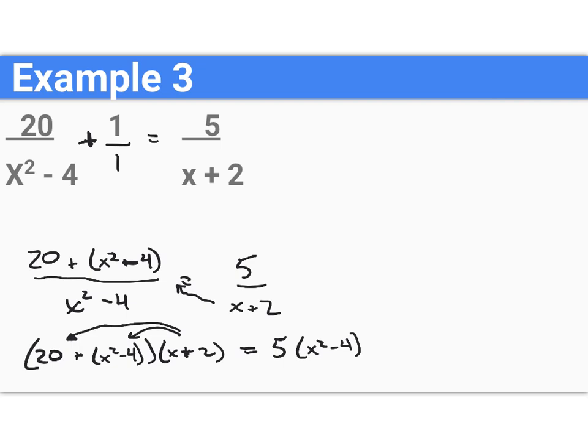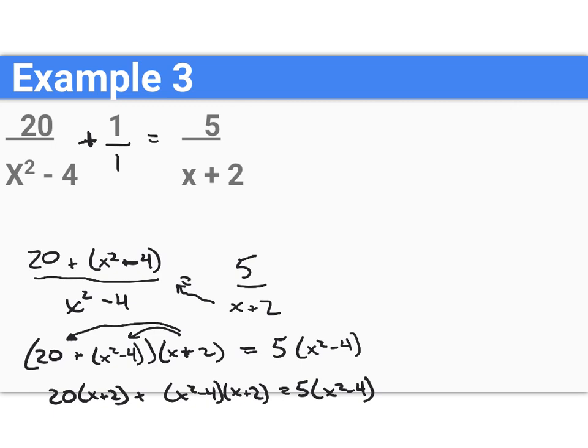Now, we've never seen this before. So 20 times x plus 2, and then the trinomial x squared minus 4 times x plus 2, equals 5 times x squared minus 4. The reason I did not distribute the 5 is because I know I am going to pull out an x plus 2.